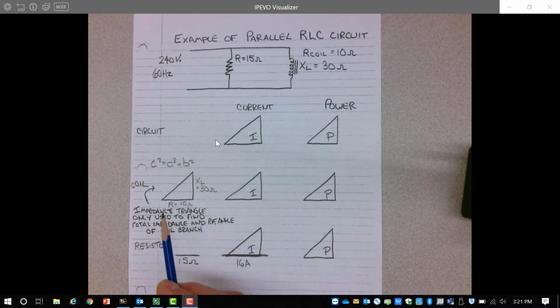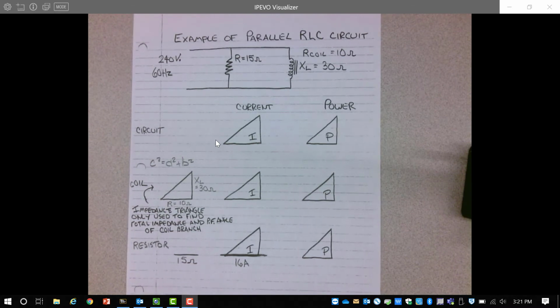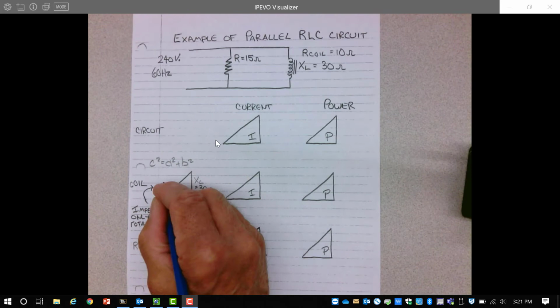And if I take 30 squared plus 10 squared and then take the square root of that to find the total impedance, my impedance comes out to 31.62 ohms.